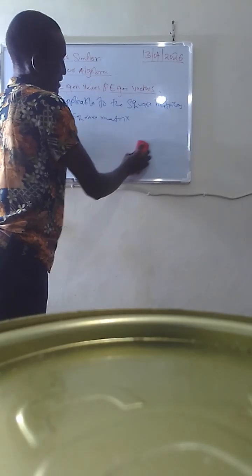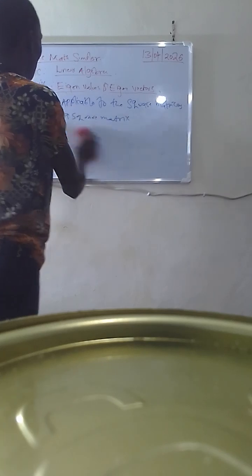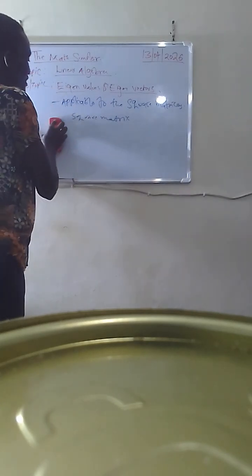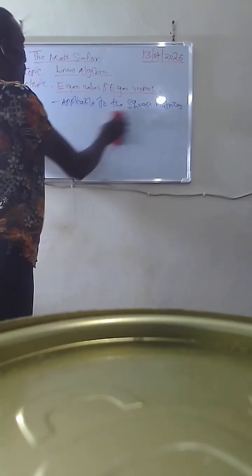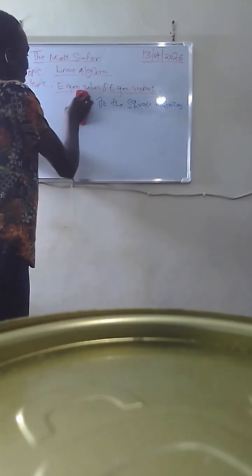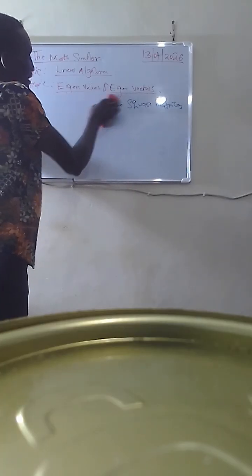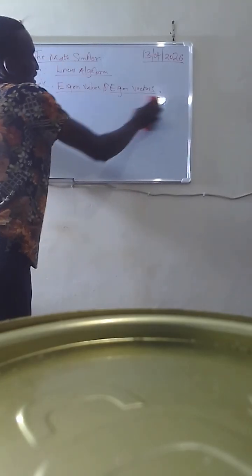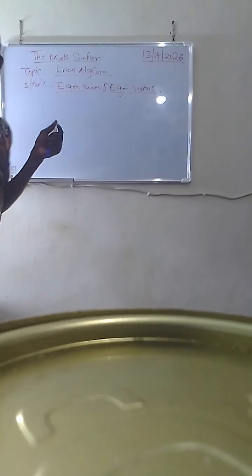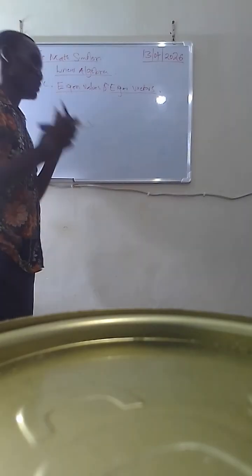An identity matrix is a matrix of 0 elements with 1 along its diagonal.